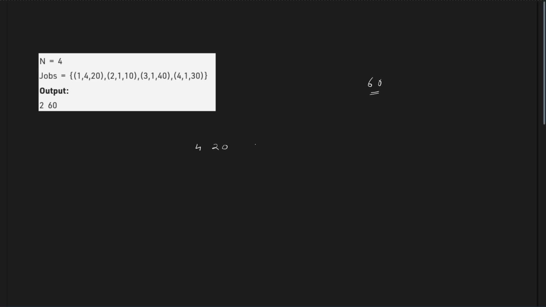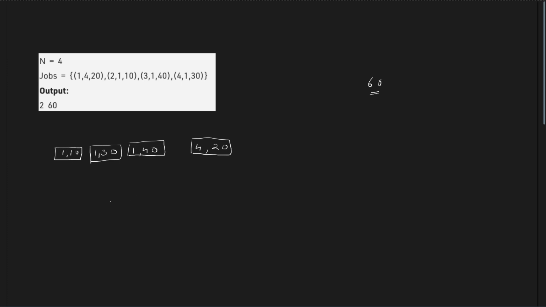Another job has a deadline 1 and a profit 10. Another has a deadline 1 and a profit 30, and another has a deadline 1 and a profit 40. So these are the four jobs available with us: 1 comma 30, 1 comma 10, 1 comma 40, and the final one is 4 comma 20.